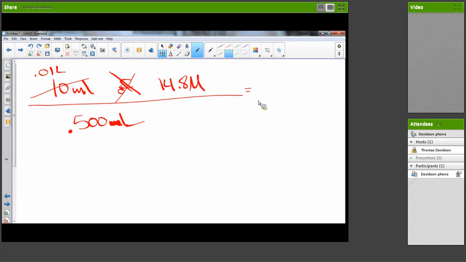And I don't remember that answer from last hour. What's that? Yep. And this unit would be molar. Those are not very hard.